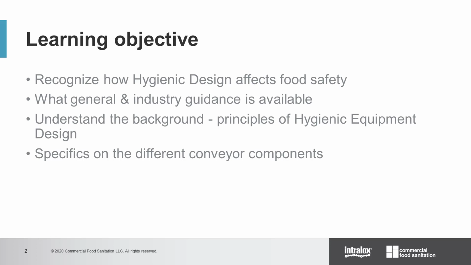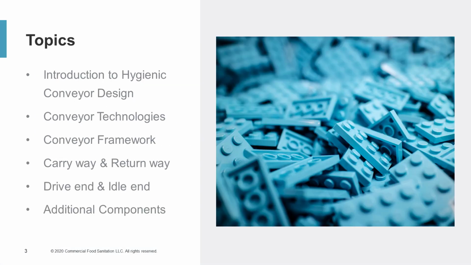It is always powerful to understand the background, and therefore we will cover the principles of hygienic equipment design and then go into specifics on the different conveyor components. In this course, we will cover the following subjects: Introduction to Hygienic Conveyor Design, Conveyor Technologies, Conveyor Framework, Carryway and Returnway, drive end and idle end, as well as additional components.